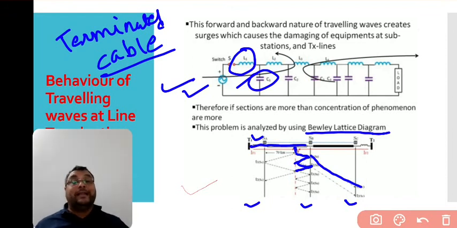If we do not terminate it with the cable, it may damage the equipment connected to the power system. I hope you understand what a traveling wave is and what its worst effects are if we don't minimize it in the power system. Thank you.